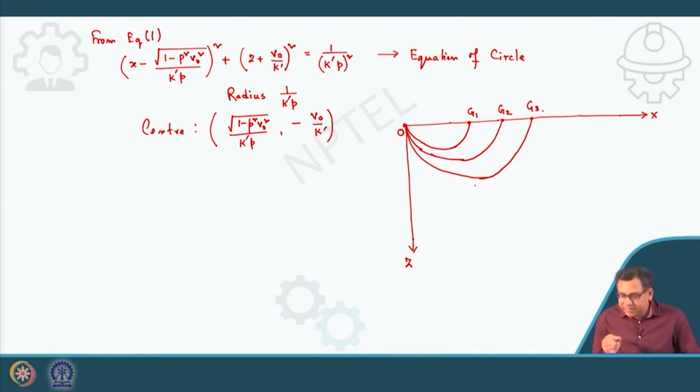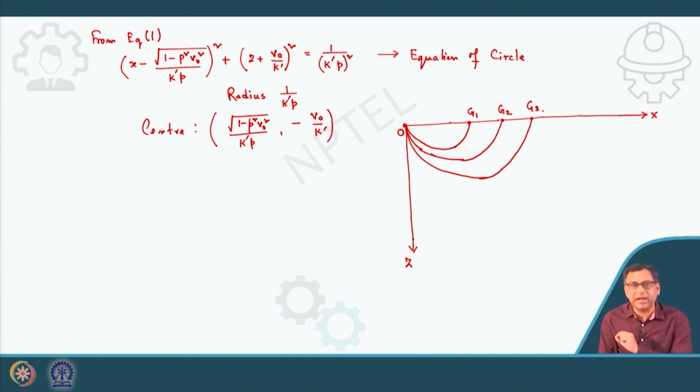Now, that means if you see this radius, k dash is constant, but p is not constant. That means the radius will change, and the radius depends on the ray, because p is a ray parameter.